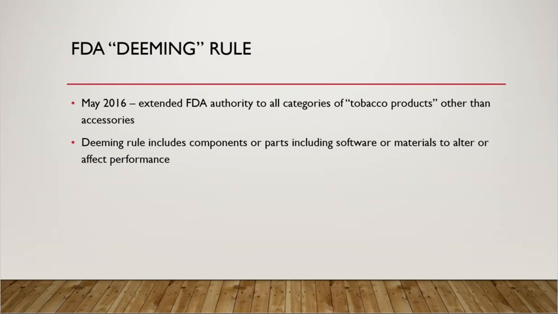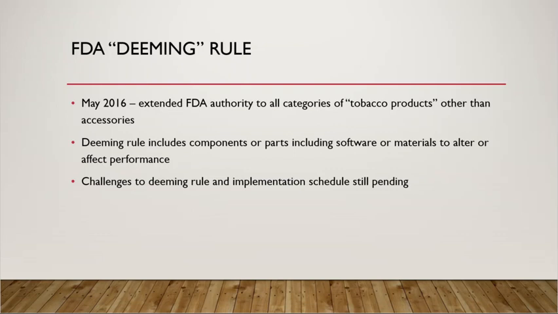And always keep in mind that word software, because we're talking about applications. And of course, with the promulgation of the deeming rule, there were immediate challenges to not only the rule, but its implementation schedule. And those challenges are still pending when I checked earlier this morning.